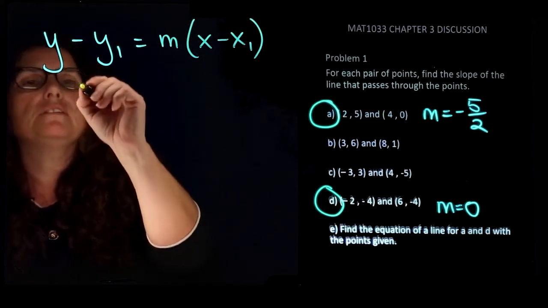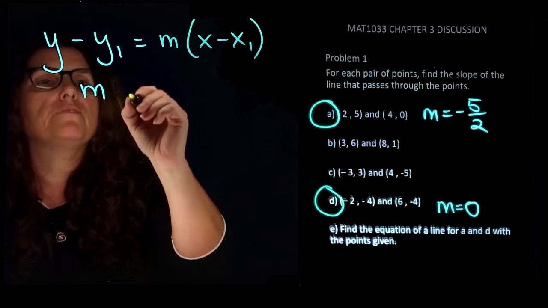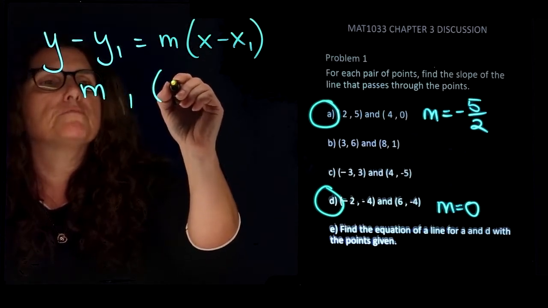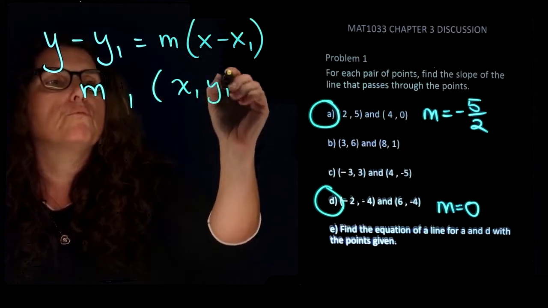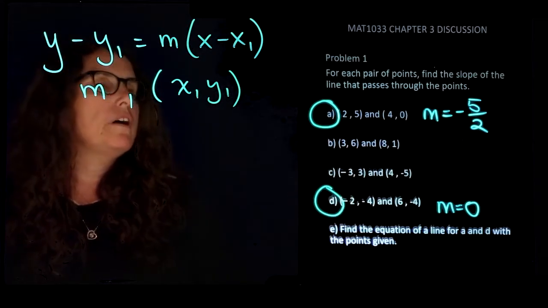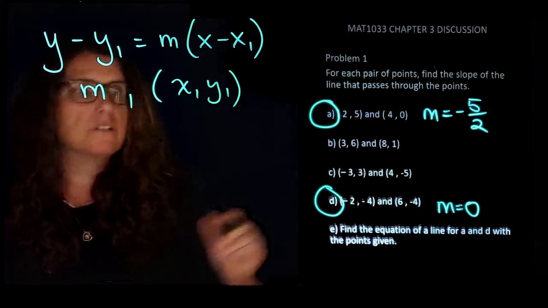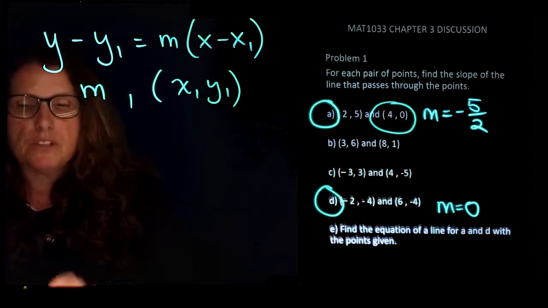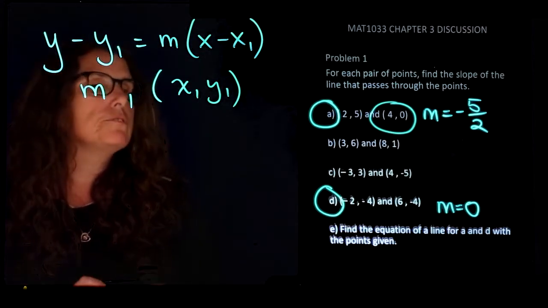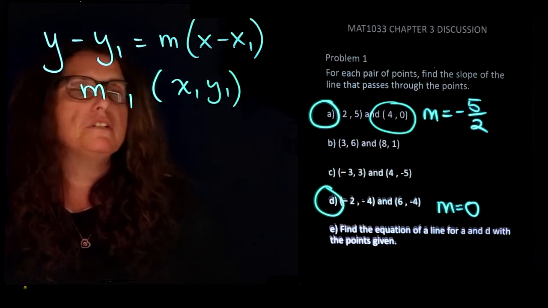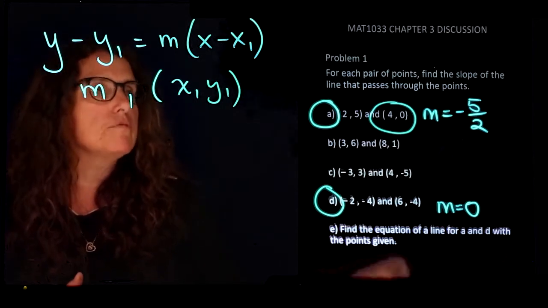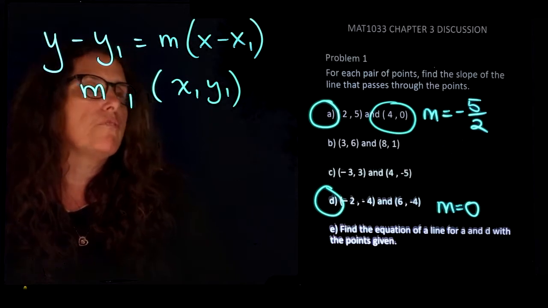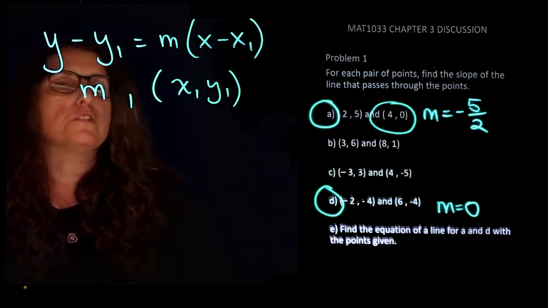So what we need is a slope, and we also need an ordered pair x1, y1. For A, I'm going to pick the ordered pair with the 0. It doesn't really matter which ordered pair you use. Pick the one that seems to be easier, like the one that's positive or the one that has a 0 in there for a value. That's always an easier pick.